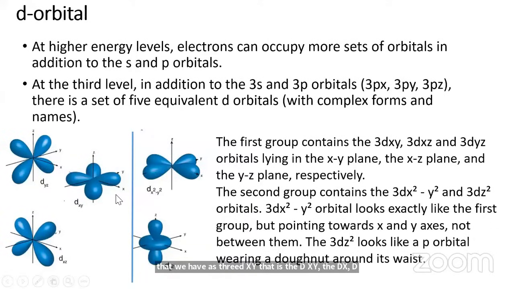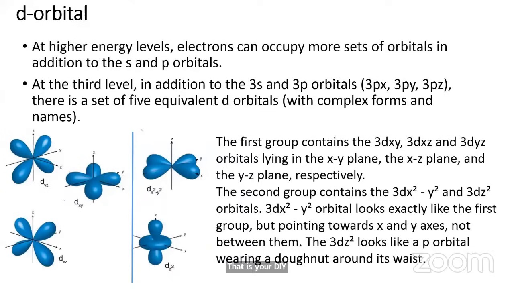Now we have the next category comprising 2 orbitals. Remember, the d orbital is made up of 5 degenerate orbitals, which are categorized into 2. The first category is those lying in the xy plane, that is your dxy, the xz plane, that is your dxz, and the yz plane, that is your dyz orbital.